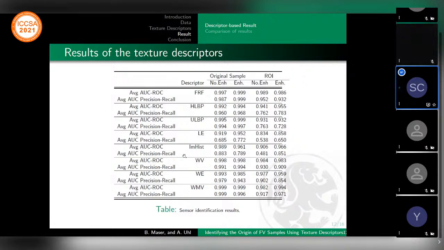The performance of these features is better than the spatial-based methods, the rest. And enhancement mostly has a positive effect, but sometimes it also deteriorates the results. And the best results were achieved with the wavelet feature that extracts the mean and the variance of the subbands. Here the results are always close to 1, which would be the perfect result.